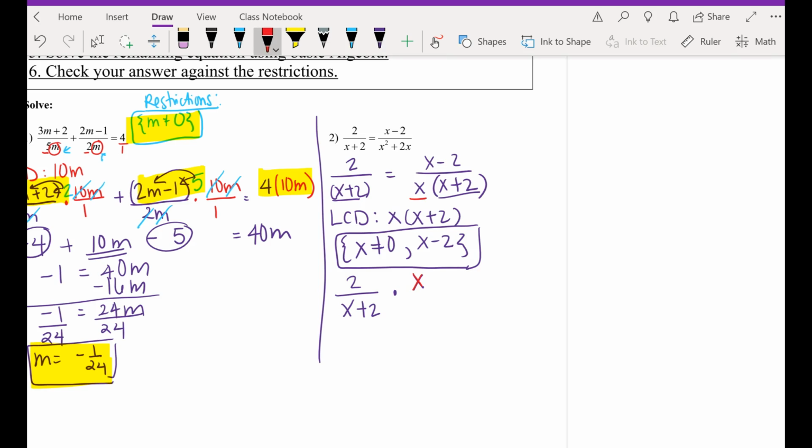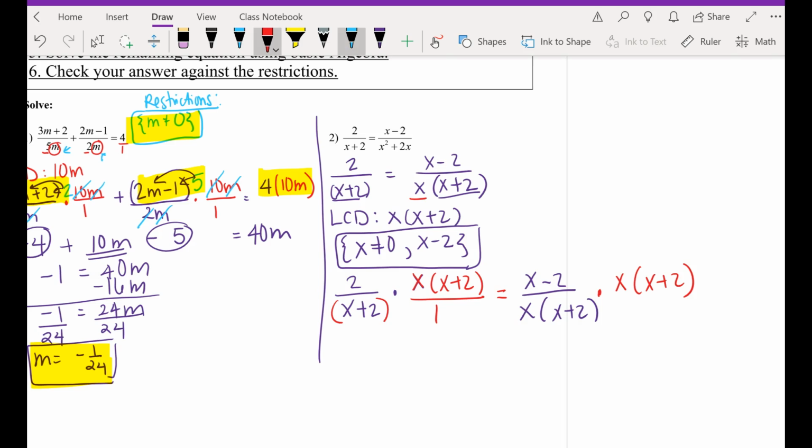Let's write it in red. And remember, I said earlier you can put it over 1 if you choose to. If you put it over 1, then make this a quantity. Equal to the original, which is x minus 2 over x times x plus 2, then times the LCD, which is x times x plus 2.